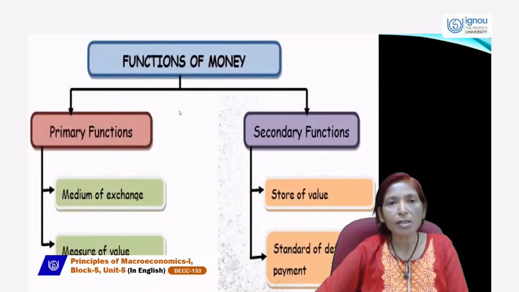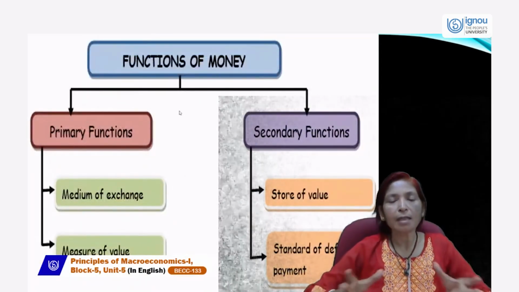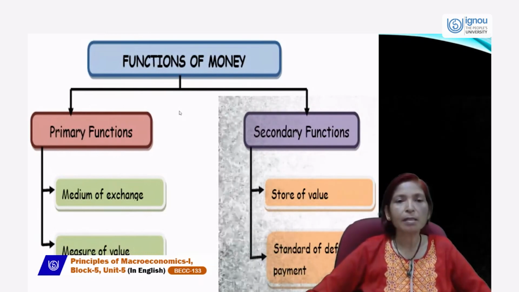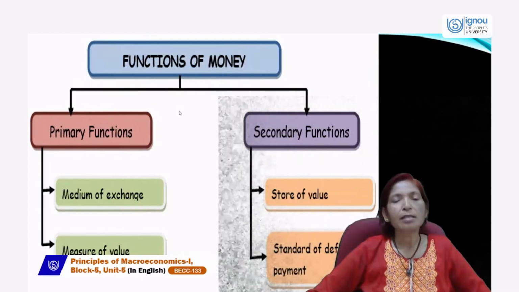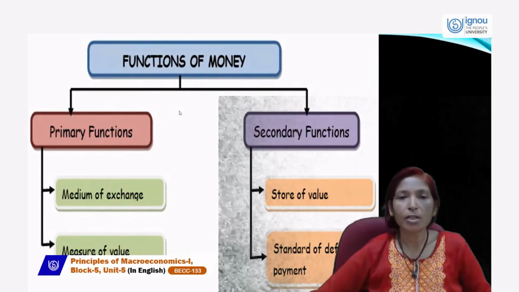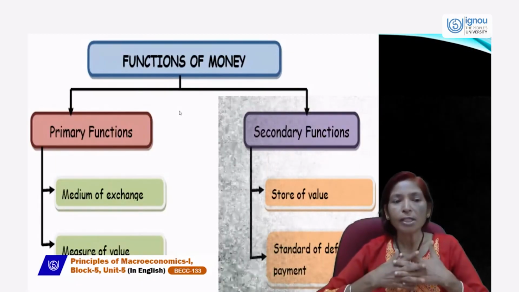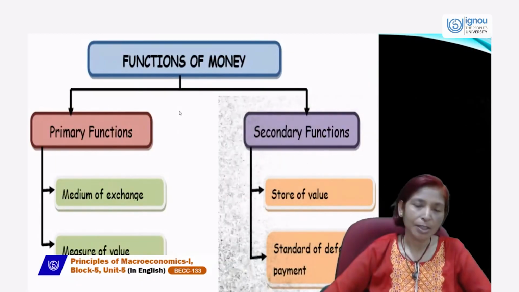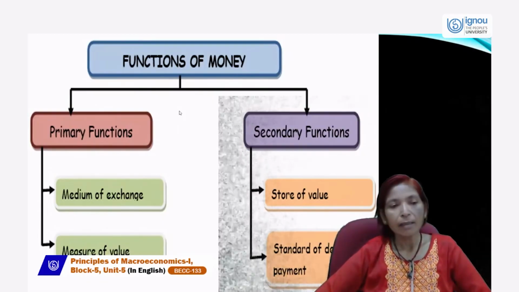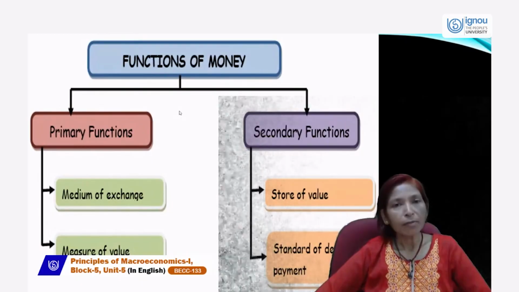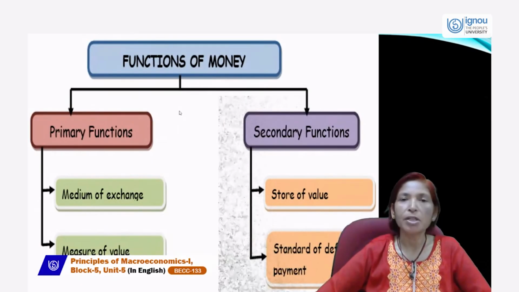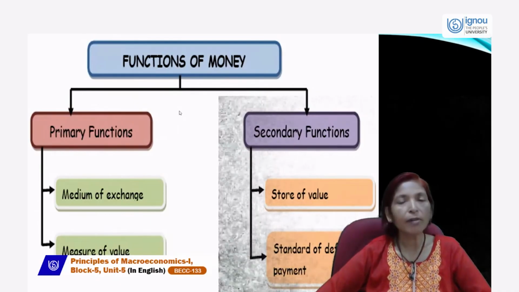Now next, functions of money can be broadly classified into three groups. One is primary function, next is secondary function, and other is contingent functions. So first is the primary function. In this category, we include two main functions. One is medium of exchange and other is measure of value or unit of account.